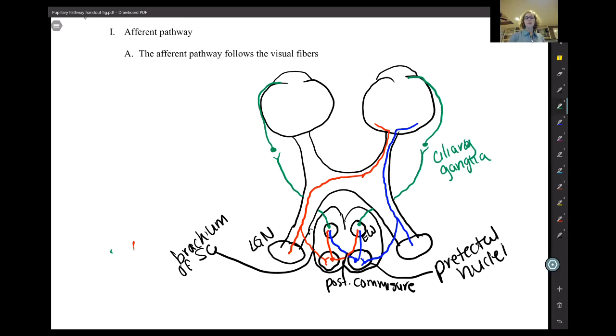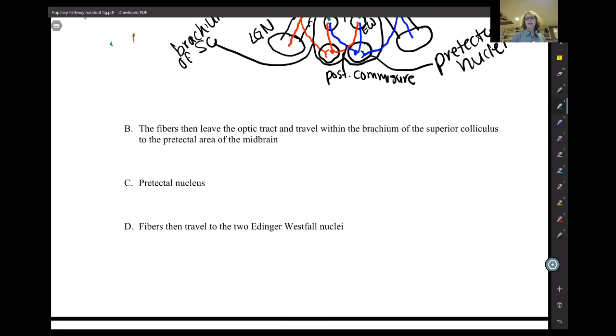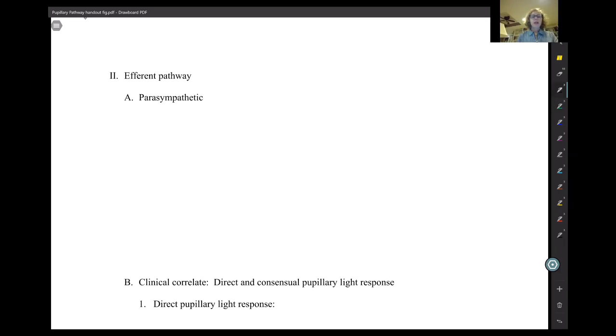So we've covered most of this written information. The afferent pathway follows the visual fibers. The fibers then leave the optic tract and travel with the brachium of the superior colliculus to the pretectal area of the midbrain. They synapse in the pretectal nucleus, and then about half the fibers travel to each of the Edinger-Westphal areas. Then the efferent pathway follows the parasympathetic component of cranial nerve 3.